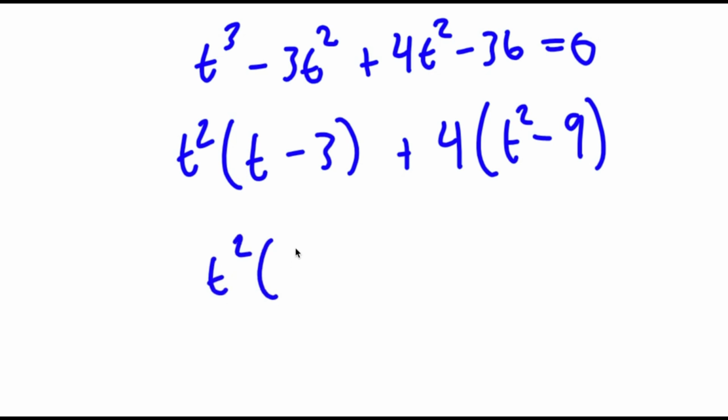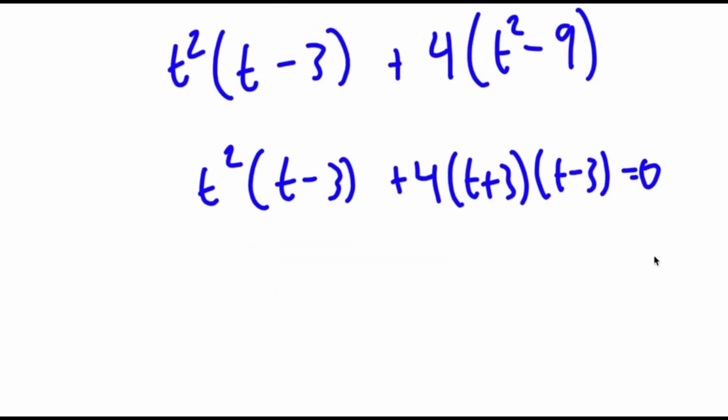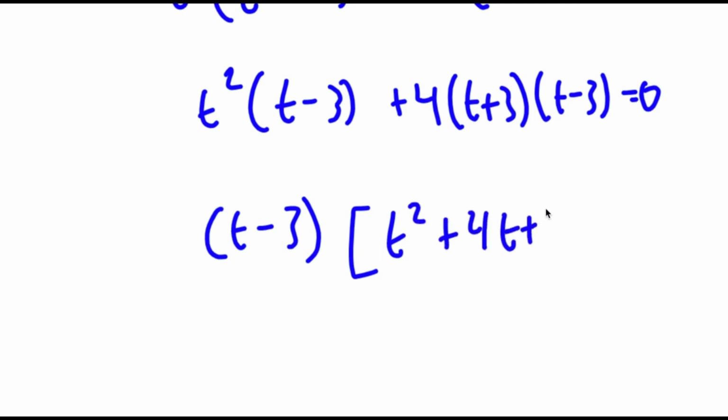Now, this is the same thing as t squared times t minus 3 plus 4 times t plus 3 times t minus 3 is equal to 0. Now, if I factor out t minus 3, I get t minus 3 times t squared plus 4t plus 12 is equal to 0.